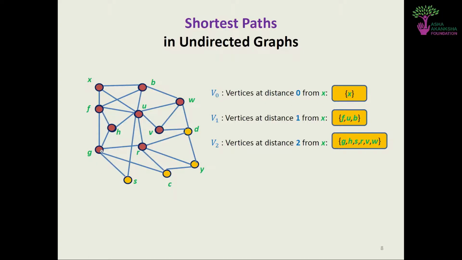Then similarly for g, if you look, the neighbors of g are f, h, r, and s. f had distance 1, h has distance 2, r will also have distance 2 because of this path, and s will also have distance 2. So all these will have distance 2. Since none of these are infinity, there would be no new path.